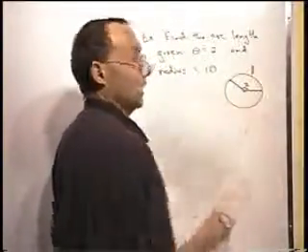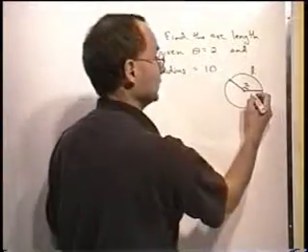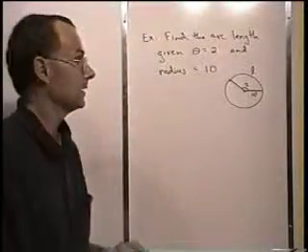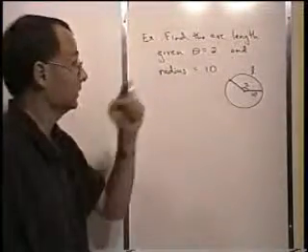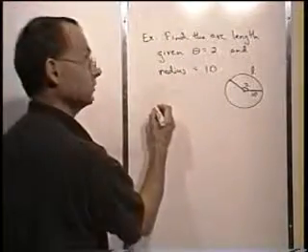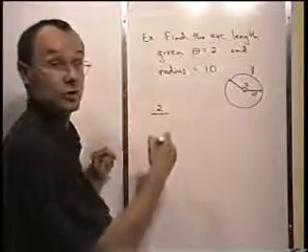We don't know L. In fact, that's what we're trying to find. And we know the radius is 10. So there's all of our given information. And since we're given this angle, I'm going to start off with a ratio that says the sector angle compared to the angle of the circle.